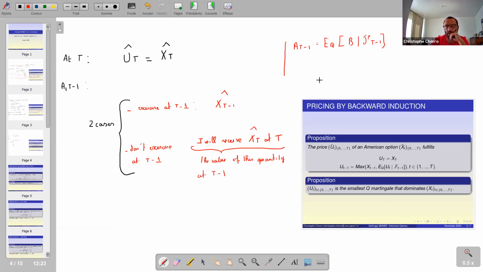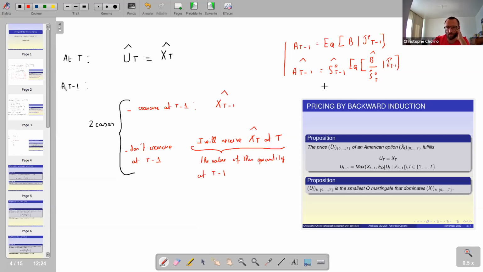It's the actualized value, at T minus 1, equal to S0 capital T minus 1 expectation under Q of B over S0 capital T given F T minus 1.